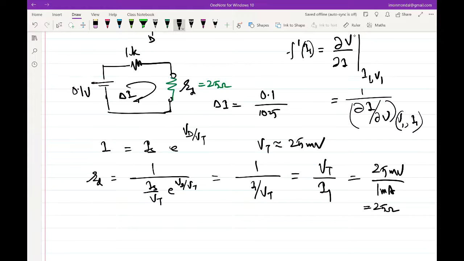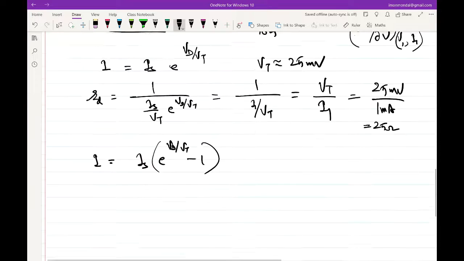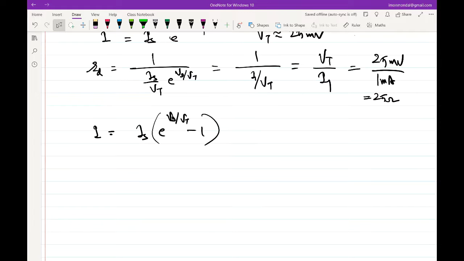That is not a very difficult thing to figure out, because we know the current-voltage characteristics of a diode, which is Is e power Vd over Vt. We do a Taylor series expansion over this. Let's say we want to do it around some operating point Vd1, or in this case 0.7.